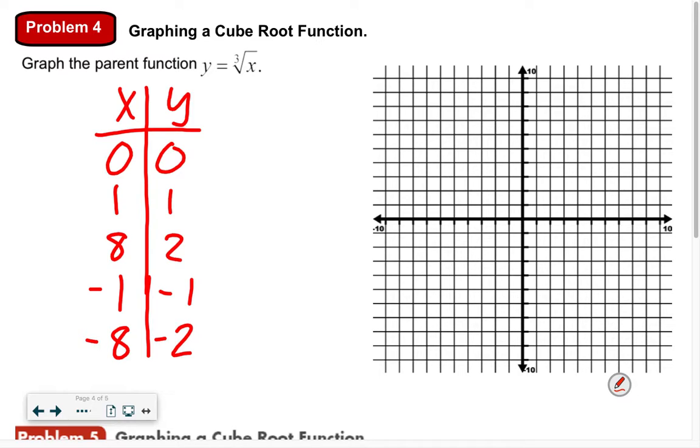Let's plot, this is our parent function. We got 0, 0, 1, 1. We also got negative 1, negative 1. Then we got 8, 2. So we got something that looks a little bit like that.